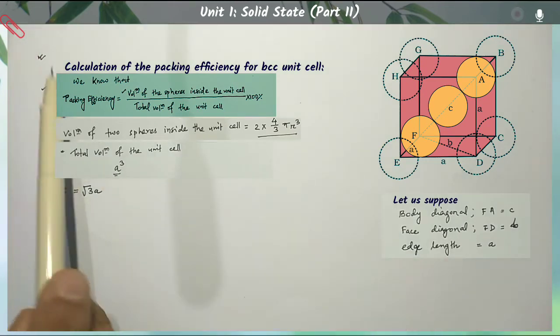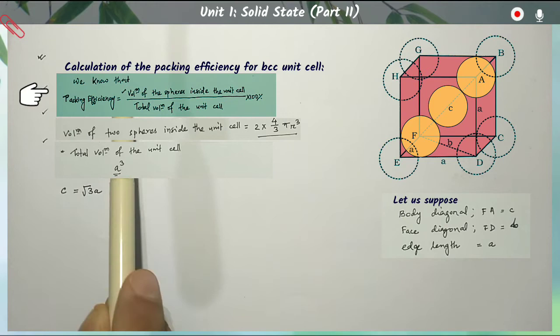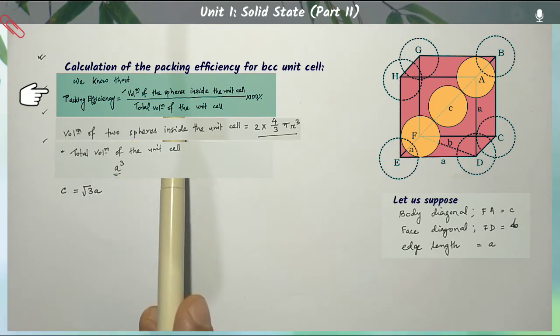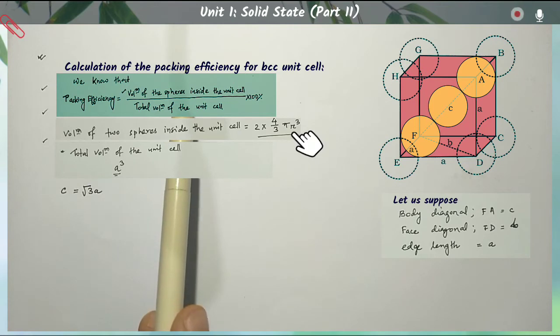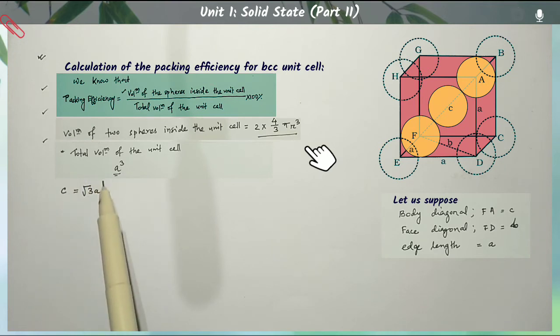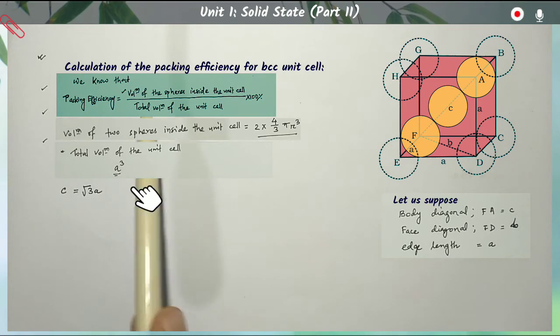Understand? If you look at the definition of packing efficiency, in the numerator the volume of the spheres present in the unit cell is in terms of small r, that means the radius of that sphere. But in the denominator we have the value in terms of a cube.